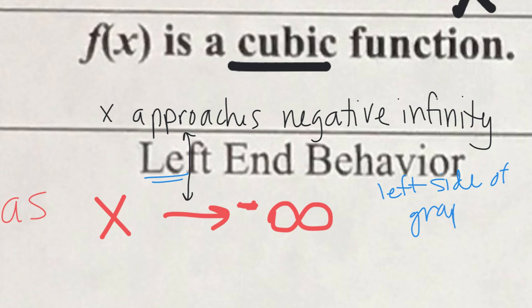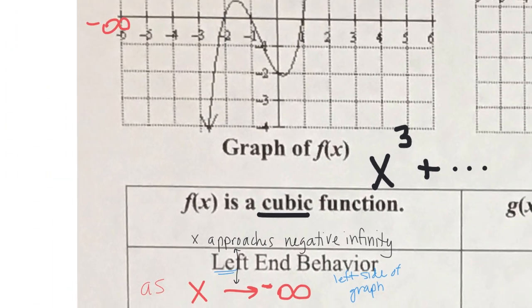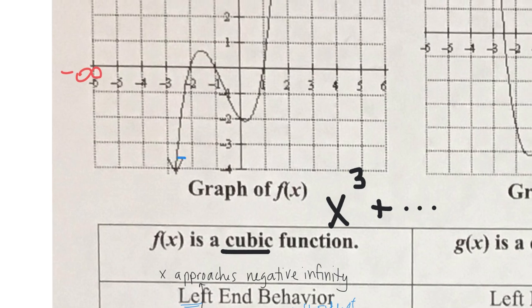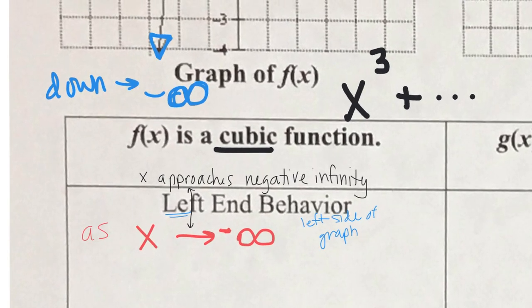We're basically looking for what the arrows are doing. If we're looking at the arrow on the left side of the graph, in what direction does the arrow point? The arrow points down, and whenever our arrow points down, that means our y values are going to negative infinity. So as x goes to the left, the y values, which we call f of x, also go to negative infinity.